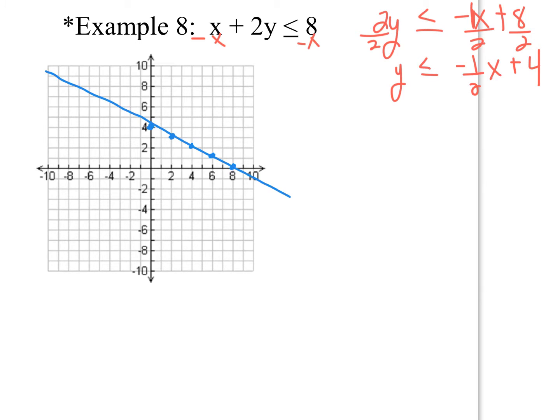Now, let's determine, using duh, which direction we're going to shade. Using duh, our inequality is going that way, so we're pointed down. So down. So we're shading this side of the line.